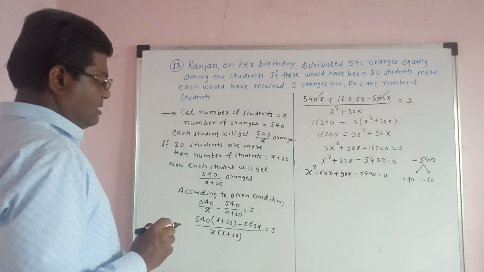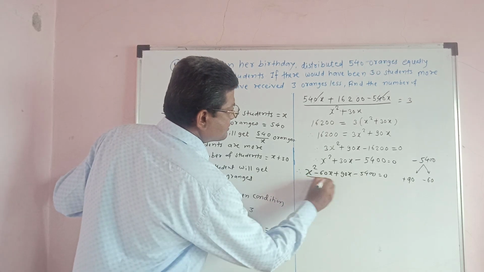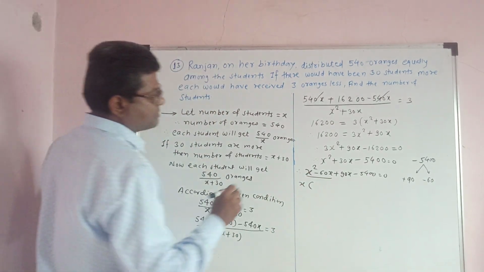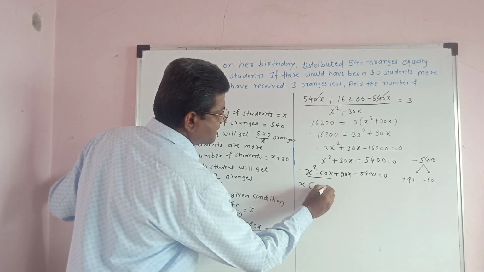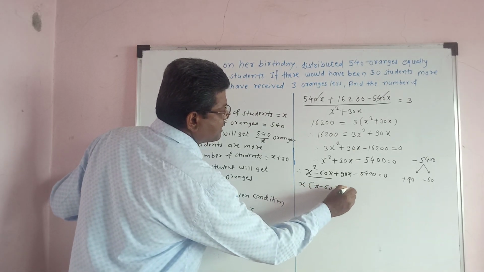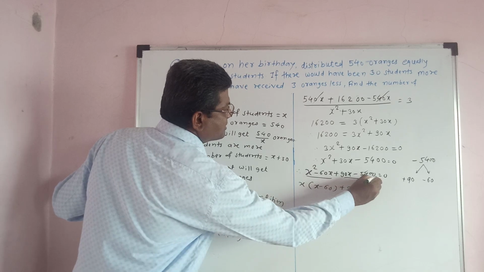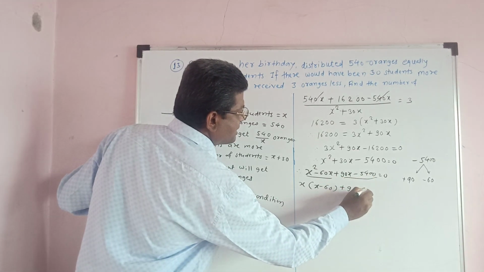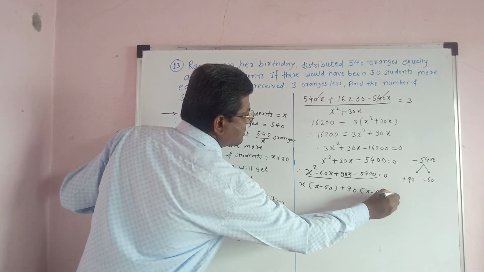Now take x common from these two terms. So what will remain in bracket is x minus 60. Take plus 90 common in these two terms. So in bracket it will remain x minus 60.